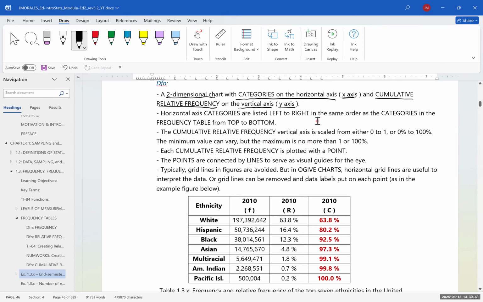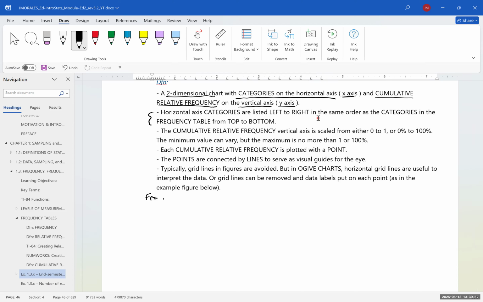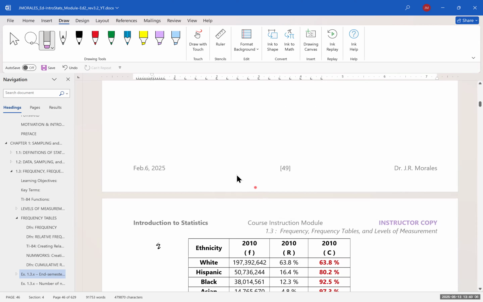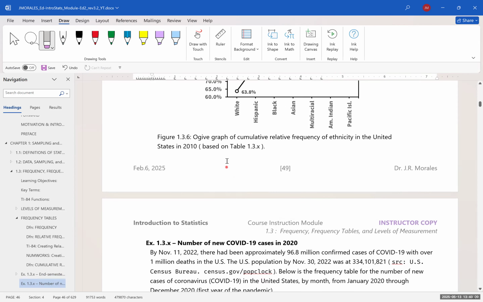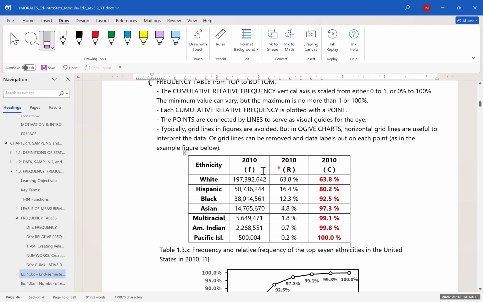So this comment here is that, in this frequency table that we've got here, notice that I've got ethnicity ordered in a certain way from top to bottom.